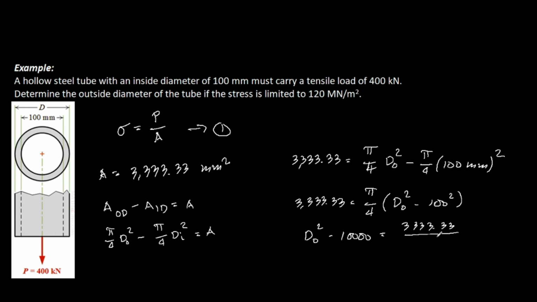Then we have d outside squared minus 10,000 equal to 3333.33 times 4 divided by pi, which is 3.1416, and this is equivalent to 4244.12.